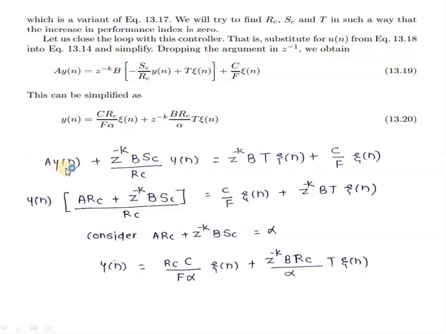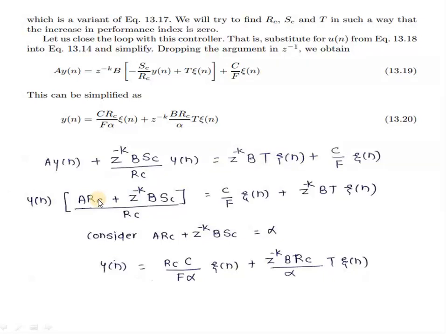Here you can see y of n, we have just collected the terms of y of n. That means we have transferred this term from this side to the left hand side. And here we write the remaining terms, that is z raised to minus k into b into tau of z of n plus c by f into z of n, on the right hand side.